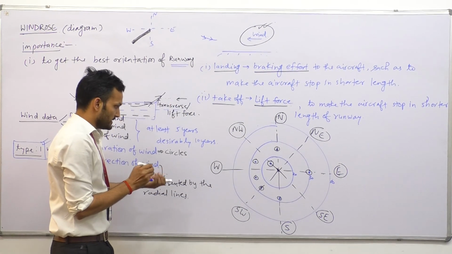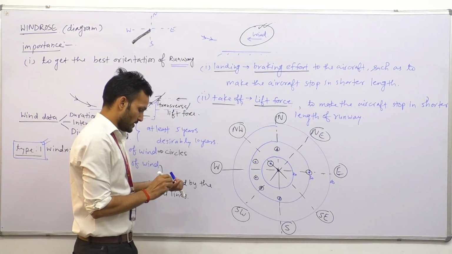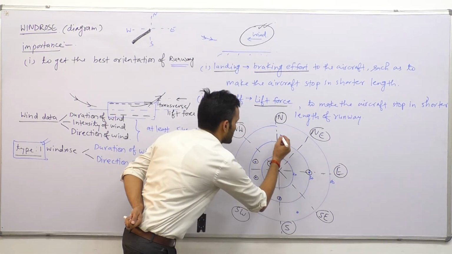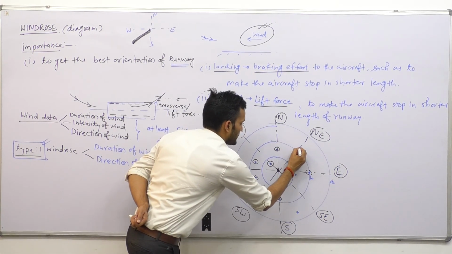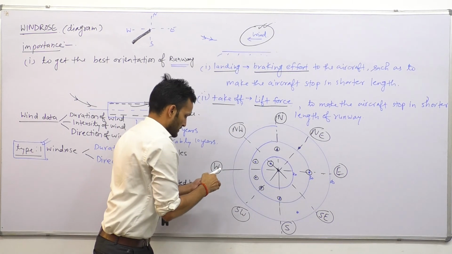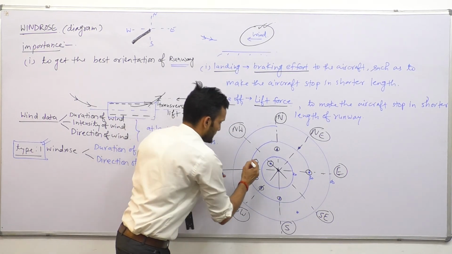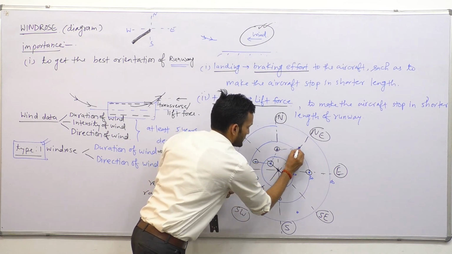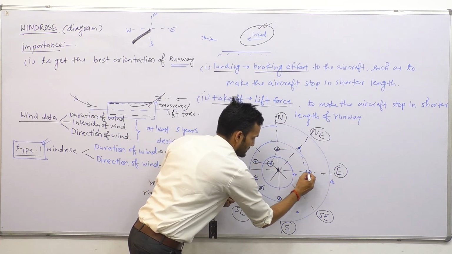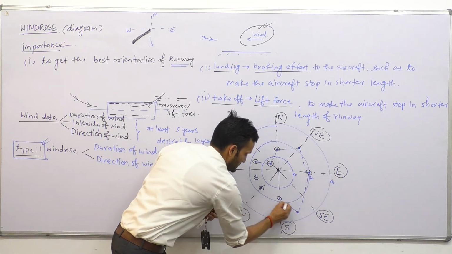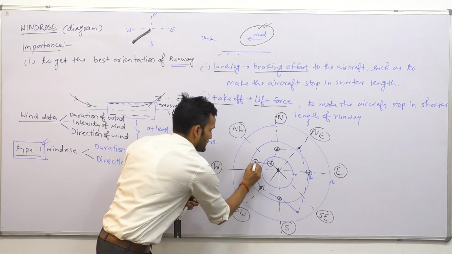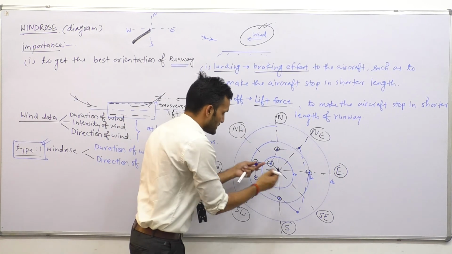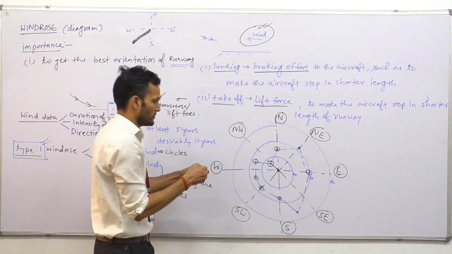By counting the time, or by plotting these points over this diagram, we can join the lines. Like if I draw some more directions, some point can be here, some point can be here. If I make these lines join, then the longest spoke in this complete diagram is going to represent the direction of your wind.